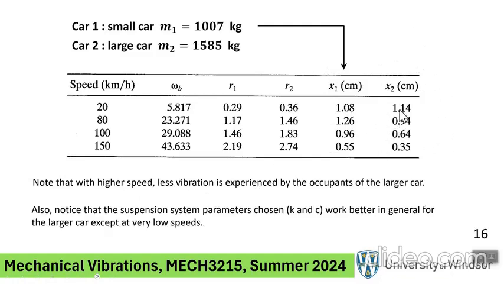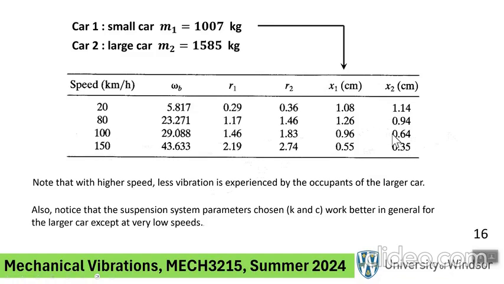First of all, at higher speeds, 100 kilometers per hour or 150 kilometers per hour, the big car shows you a smaller cabin deflection or chassis deflection than the small car.